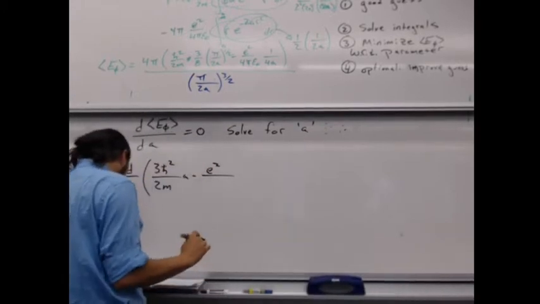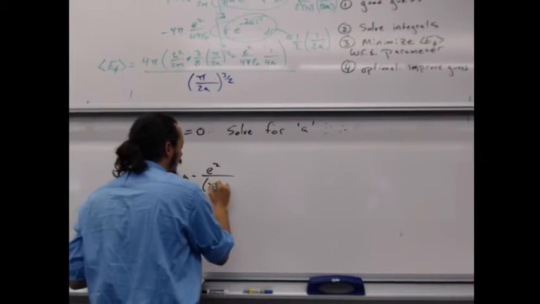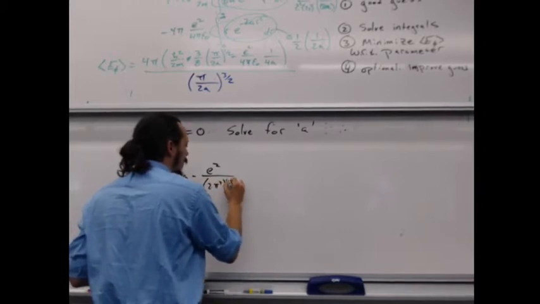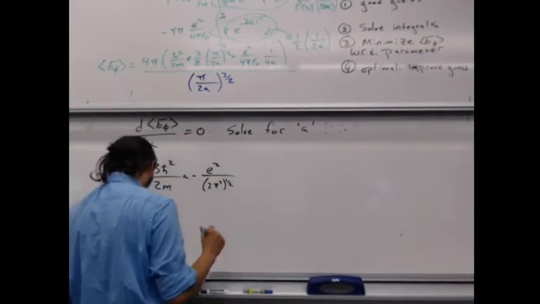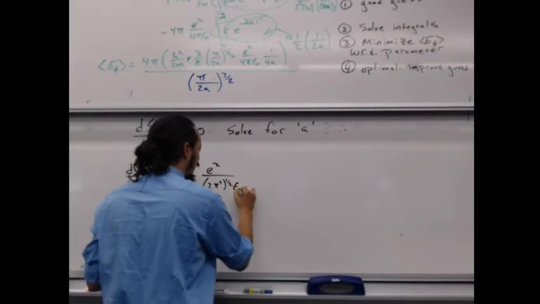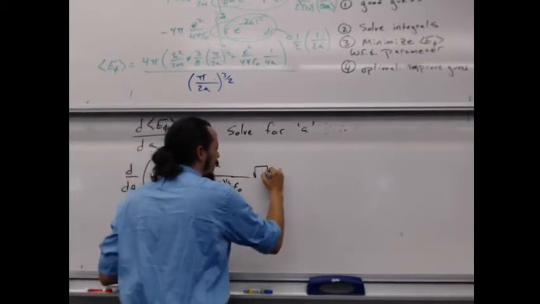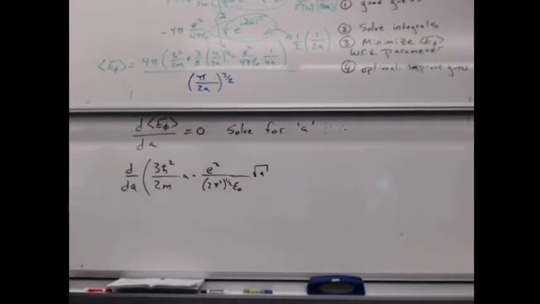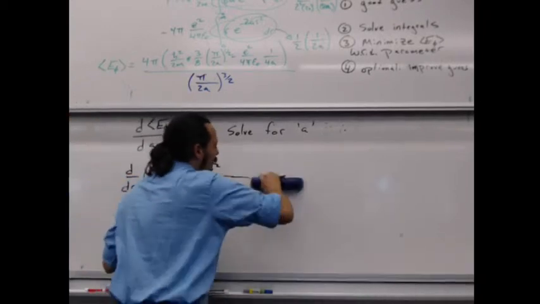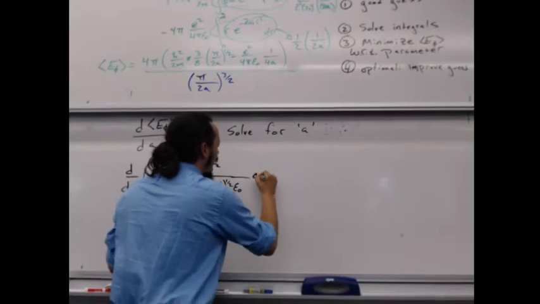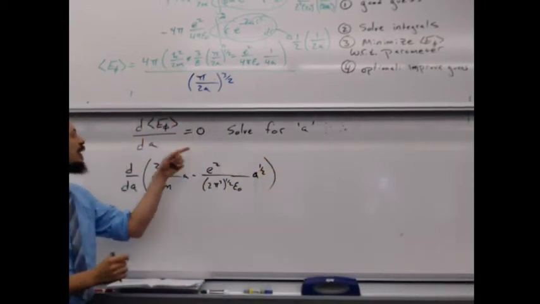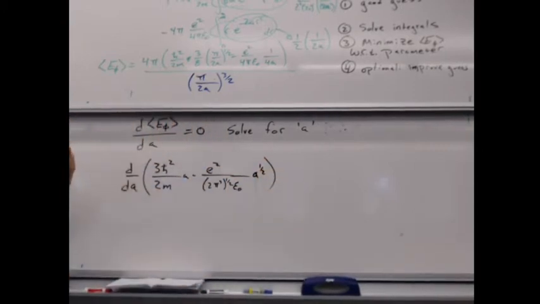Trying to figure out the nicest way to write it down. Okay, we'll do it this way. And actually, I'm going to write that square root of a as a to the 1/2 because that's prettier for taking the derivative. That's the only reason I'm doing that.